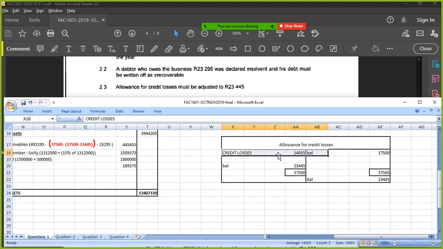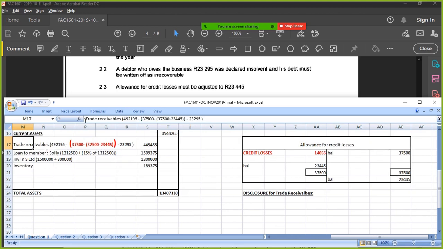Okay, credit losses will be decreasing by an amount. Then obviously in terms of disclosure, the balance was this minus the 23445, if I just show it as that.